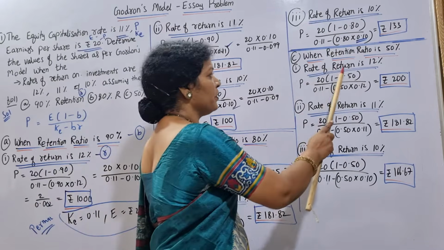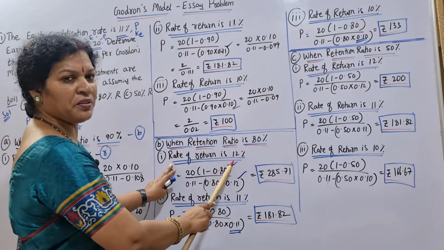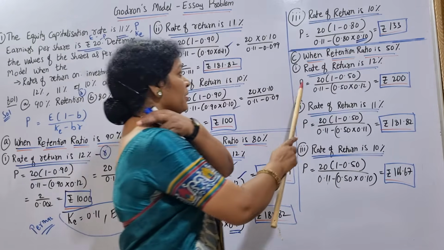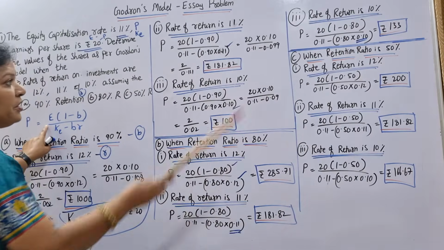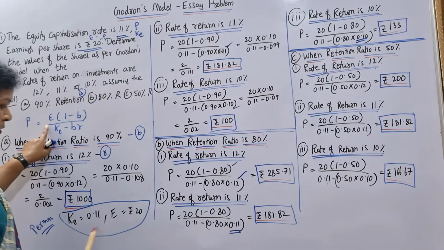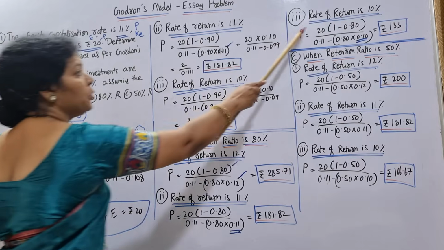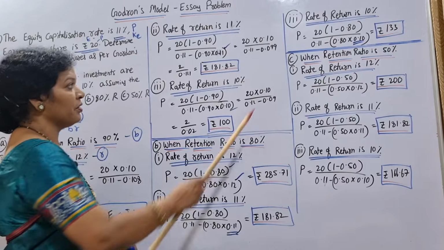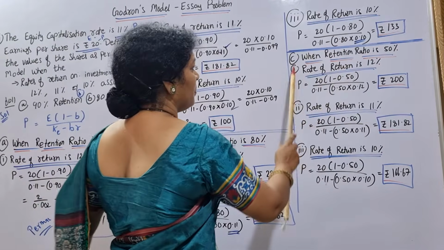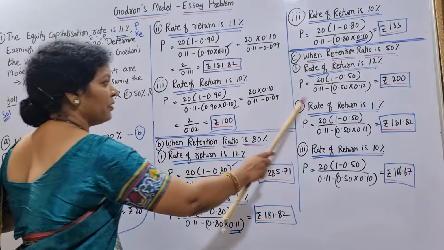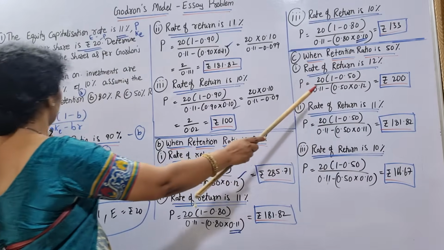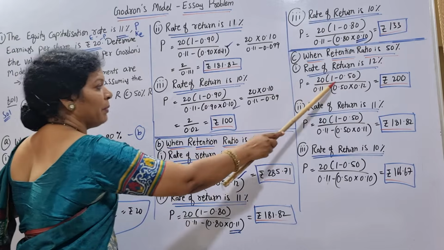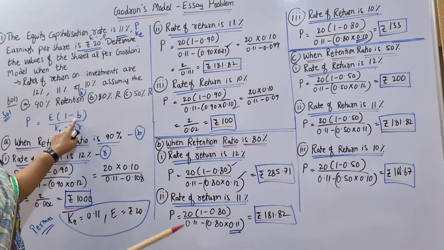First case is rate of return 12%, same like 12% I kept. Now here 50% retention. As per the formula, E is permanent, 20, E into 1 minus B. B is the retention ratio.